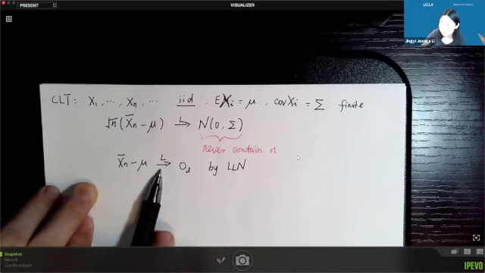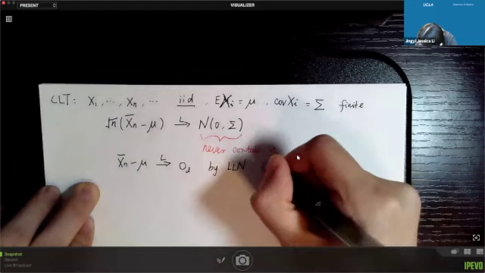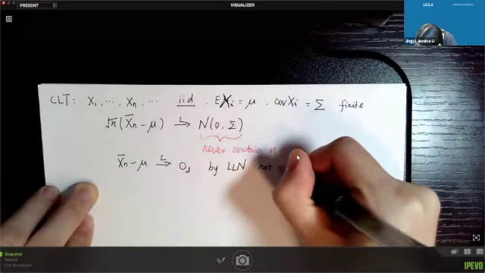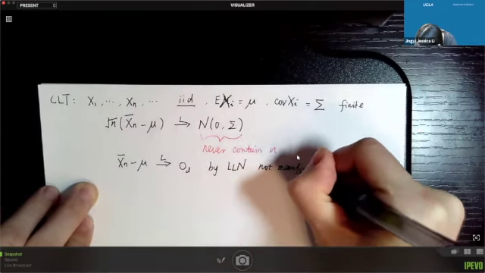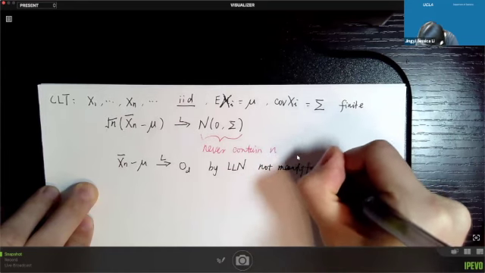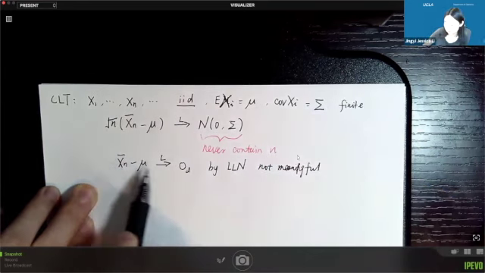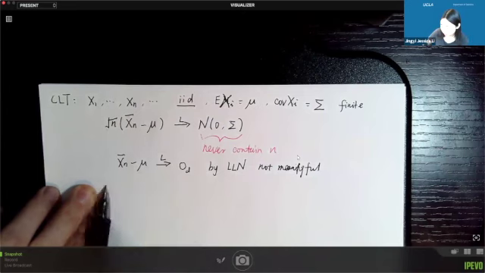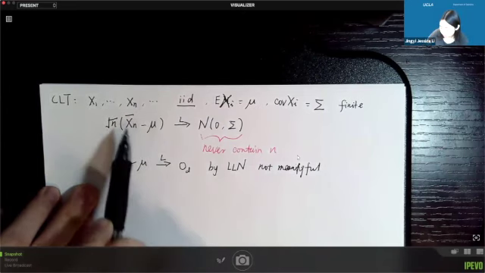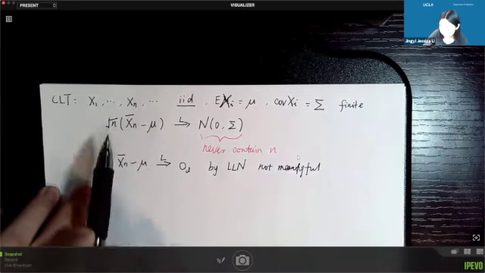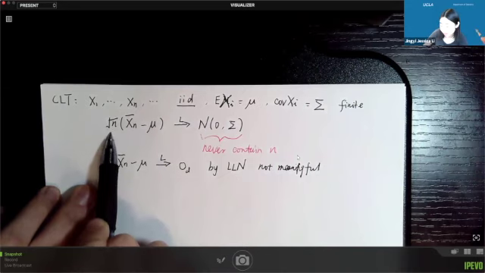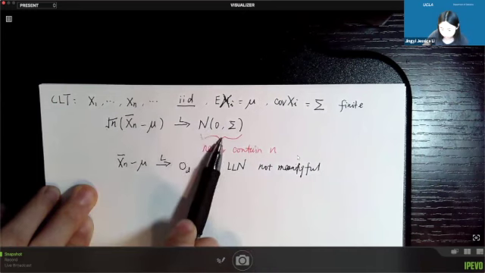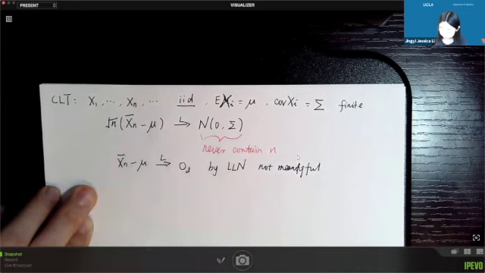And this is not meaningful. We cannot use this result for deriving the distribution because it's just a 0 point mass. Therefore, we want to stabilize this part by multiplying something growing, and that's root n. Then we can have the asymptotic distribution as normal. That's very nice.